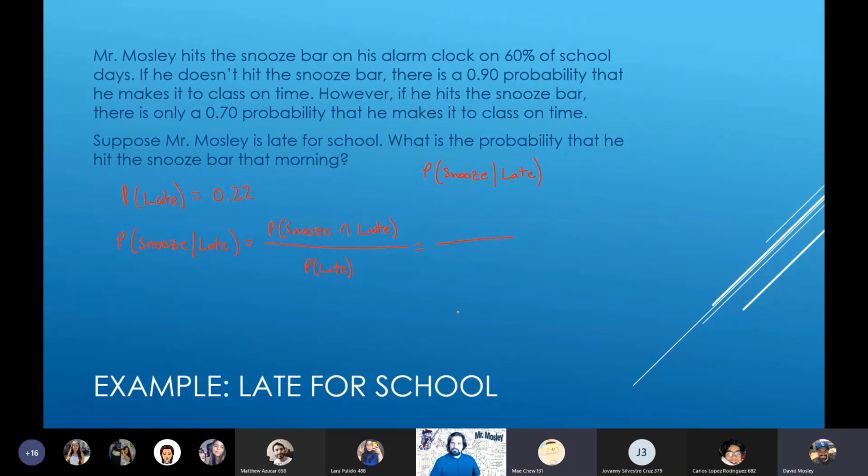Would late be 0.22? Yep. So we can fill that point in, 0.22. How do we get this snooze and late?